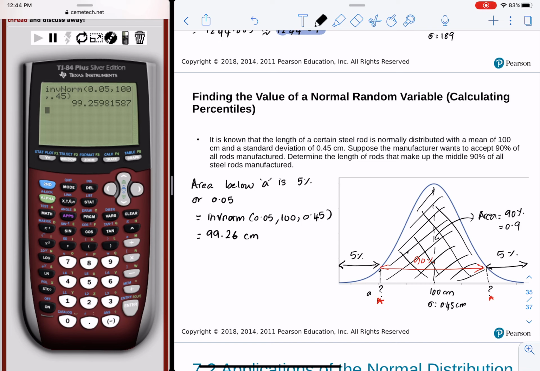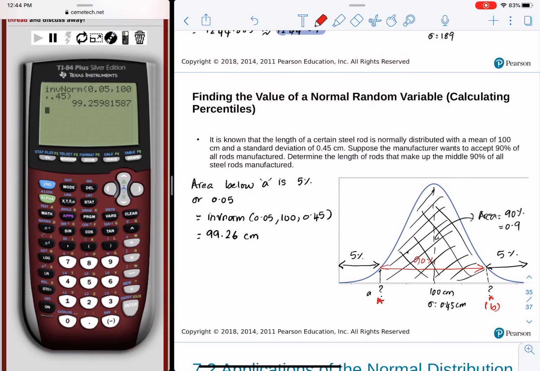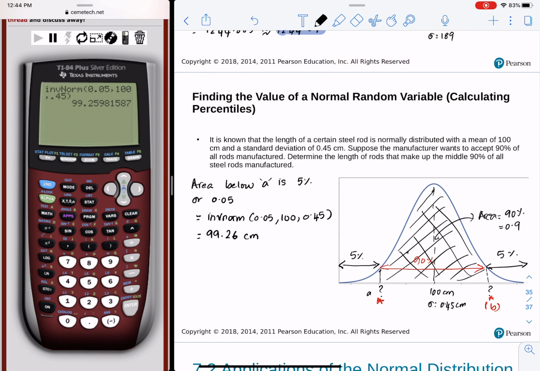We'll call the other endpoint B. Keep in mind, we know that the area above the point B is 5%, so the area below has to be 95%. So area below B is 95%, or 0.95. So we do inverse norm 0.95, 100, 0.45.